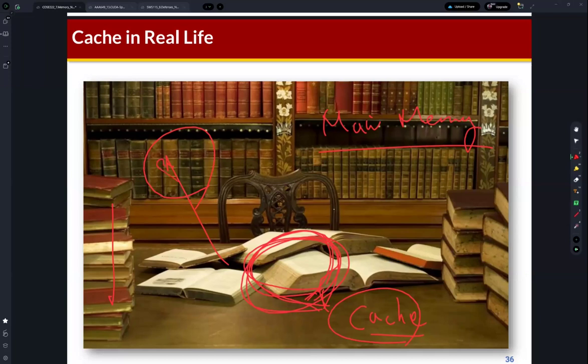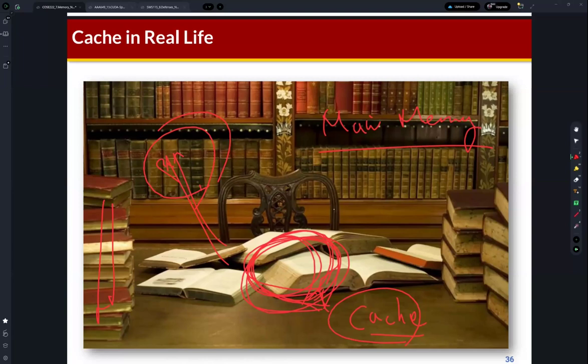If we want to read a certain book on the bookshelf, it will take longer to access the data in a bookshelf, right? So we can move a certain book onto a desk like here. Also, you can find a pile of books right here.